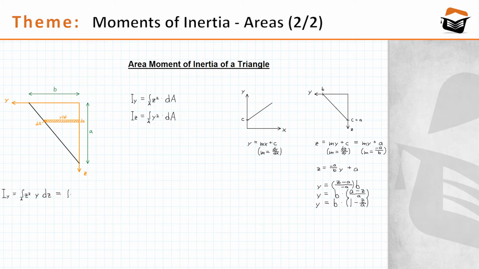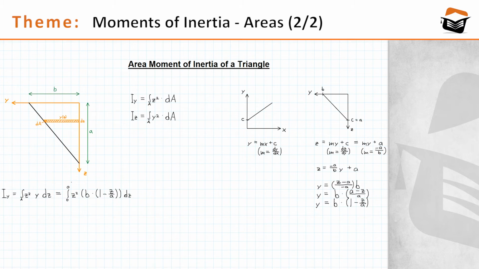So the integral of z squared times y, and y is b times 1 minus z over a times dz. And to find the integral, we need to integrate from 0 to the height a.